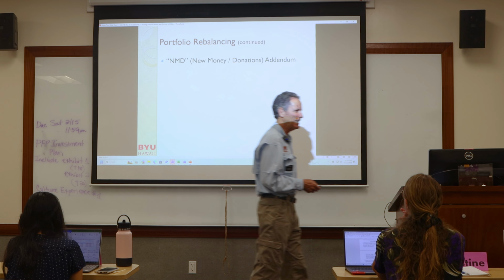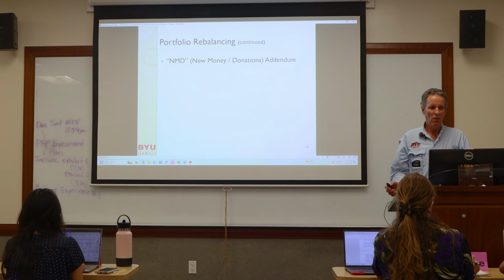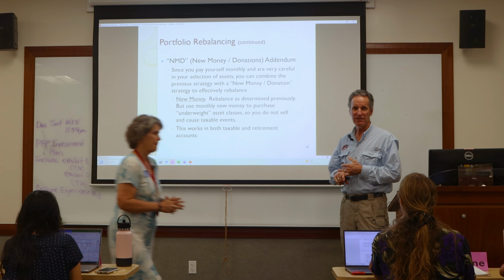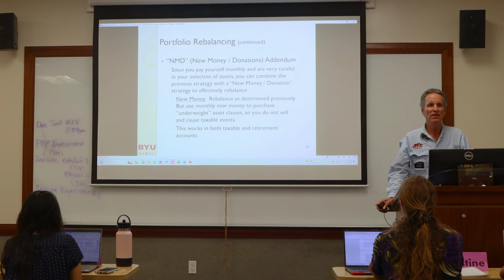We call it NMD, New Money Donations Addendum. The nice thing here is you pay yourself monthly. You're very careful in your selection of assets. Now you can combine that with your rebalancing strategy.